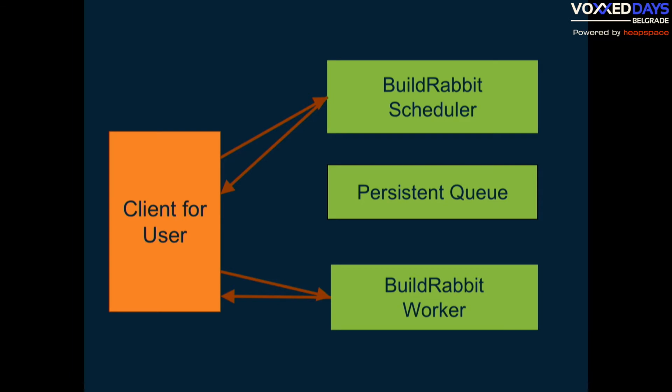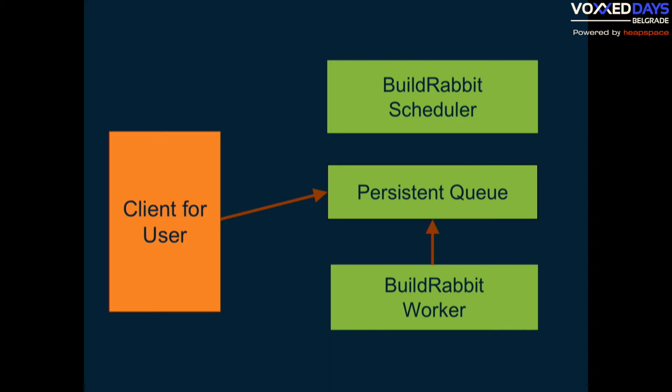Now the new state is we have a persistent queue. The client will start sending the request to the persistent queue, and it will stop sending the request to the old build rabbit worker. At this point, the build rabbit worker will finish up the in-flight requests that it has, and as soon as it's done with those, it will start dequeuing from the persistent queue to use the new architecture.